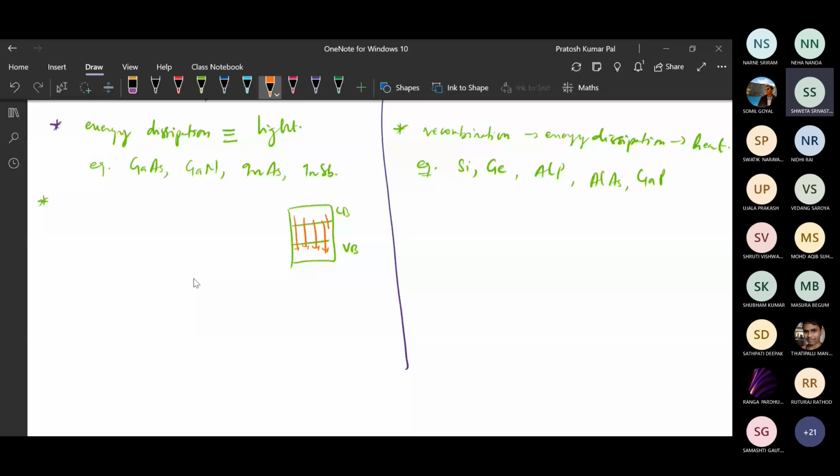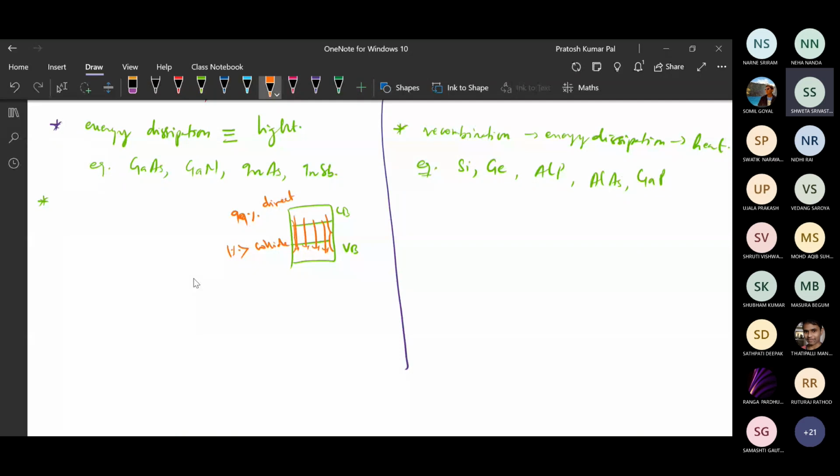Collision takes place in some cases, but mostly 99% will be moving directly and around 1% or less will collide.